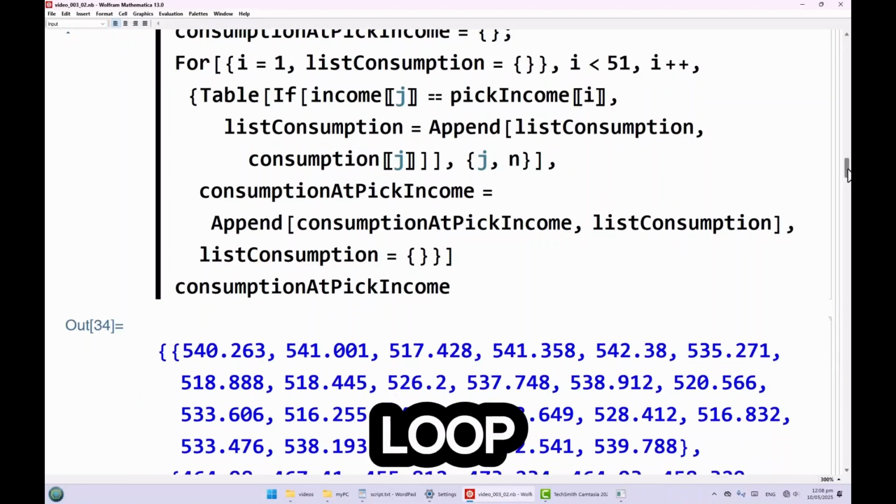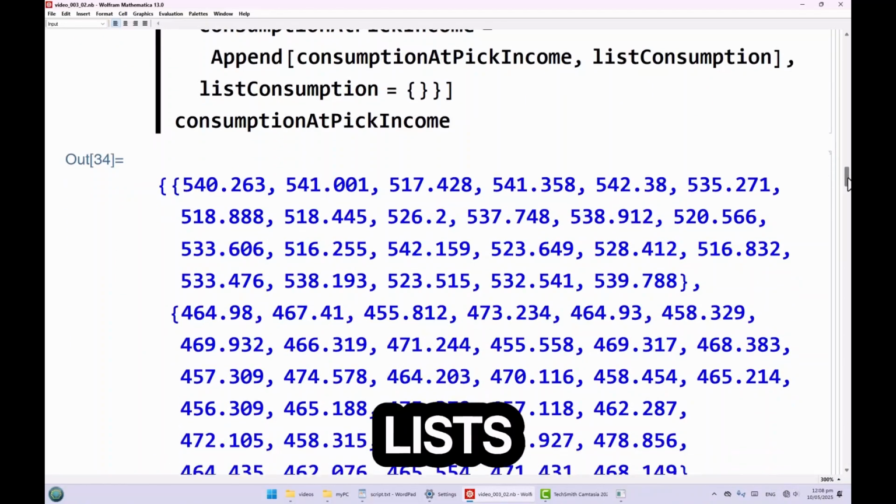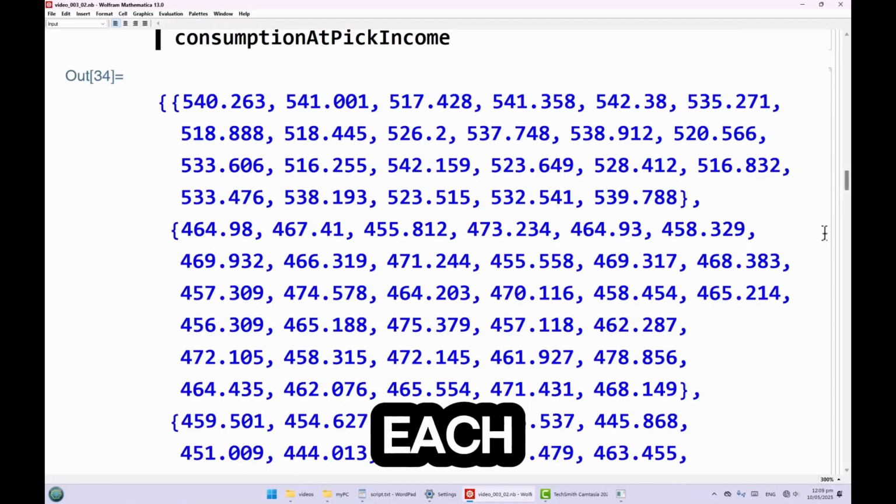After using the For loop, the output is a list of 50 lists of consumption levels, one for each income level we are interested in.